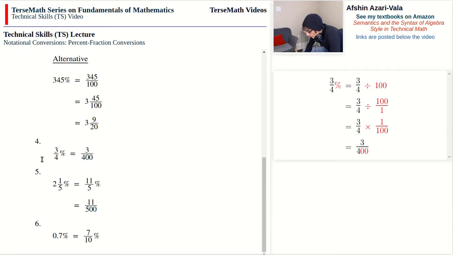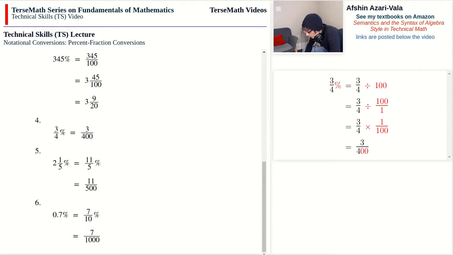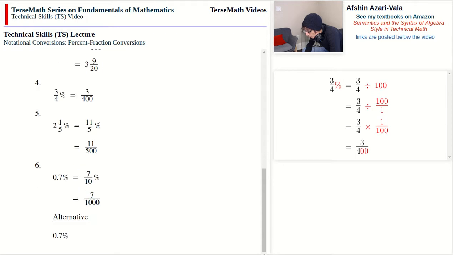So if I convert my decimal to a fraction first, I haven't touched the percent yet, I get 7/10. Now I deal with the percent by adding 2 zeros to the denominator, and I get 7/1000. The alternative approach would be to deal with the percent first, divide by 100, but do that with division of decimals.